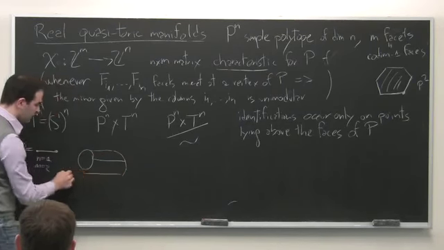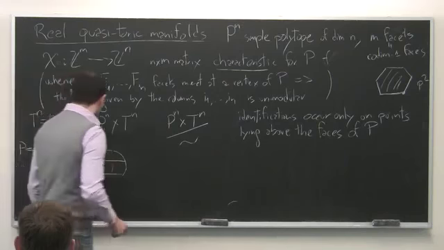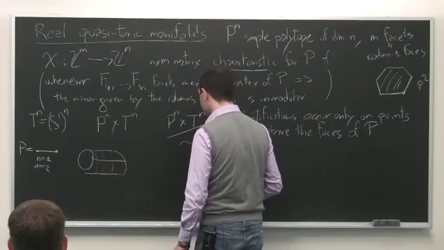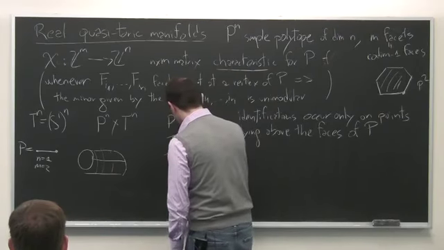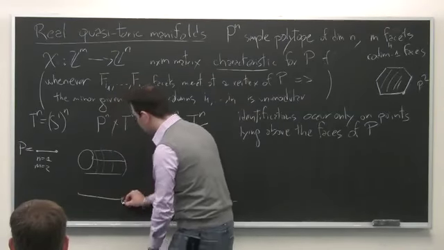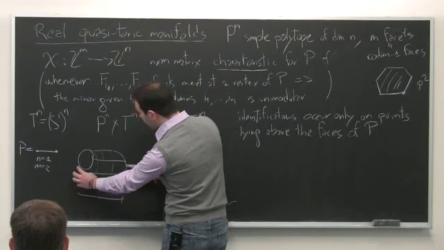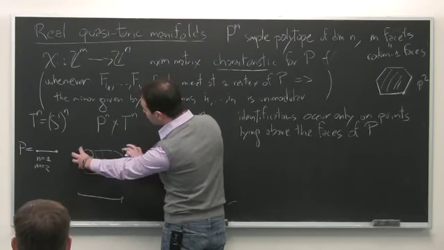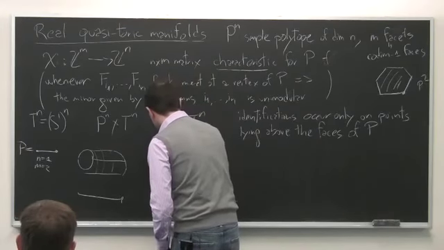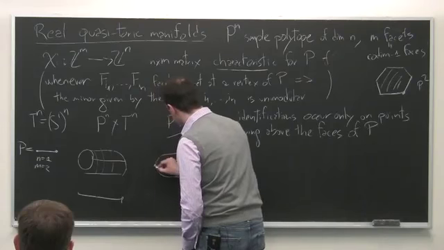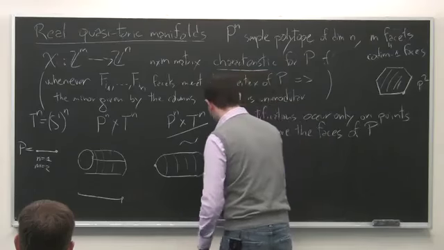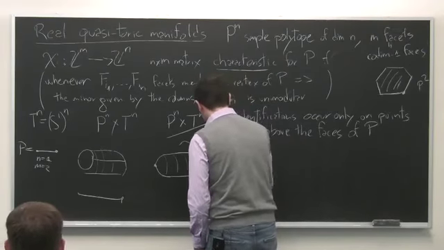So we get this cylinder with 2 boundary circles, and in this case the identifications occur over the points lying above the facets. So in this case, the identifications occur only on the boundary circles. And so you just identify each boundary circle to a point. So this is just a sphere.